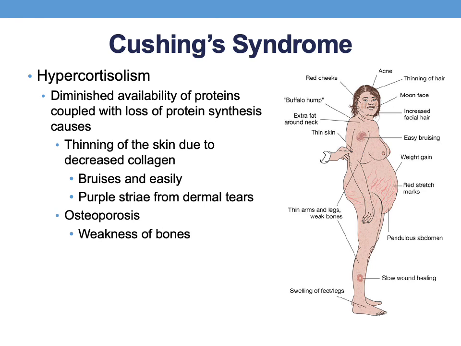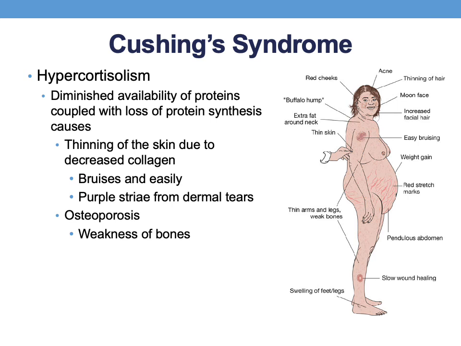Hypercortisolism is going to diminish the availability of proteins, and that, coupled with the loss of protein synthesis, is going to decrease collagen production. Well, skin and bones need collagen. That's going to lead to the thinning of the skin due to the decreased collagen. The person will bruise easily, and then they develop those purple striae that I talked about at the beginning. So that's going to be a classic sign.